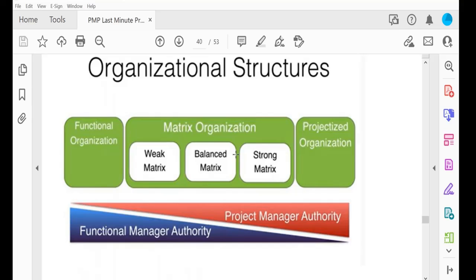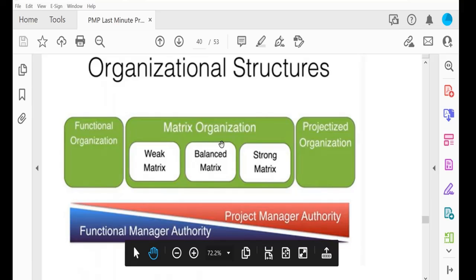The functional managers usually recruit resources. Resource means staff. If you need any team member in the matrix organization, you need to go to the functional manager. So for example, the project manager is requesting two team members from the functional manager. In a balanced matrix, the functional manager can neglect his request or he can accept it.